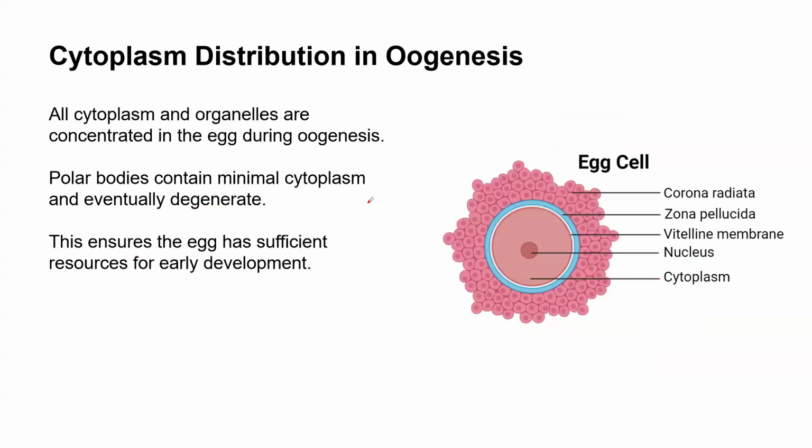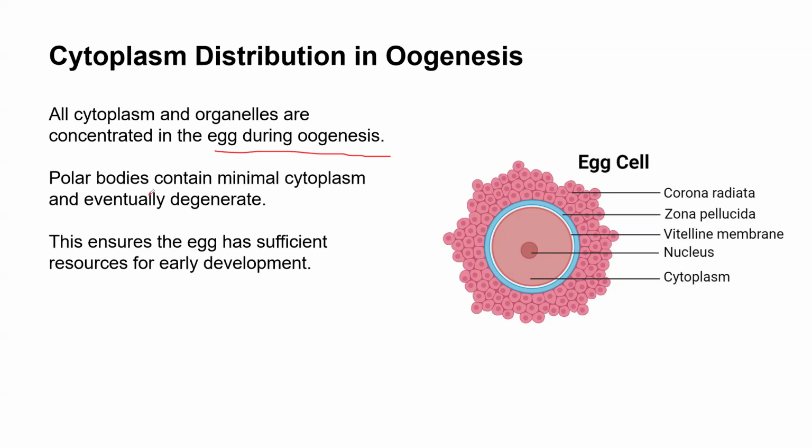The next thing is cytoplasm distribution in oogenesis. All the cytoplasm and organelles of the cells are concentrated in the egg during oogenesis.